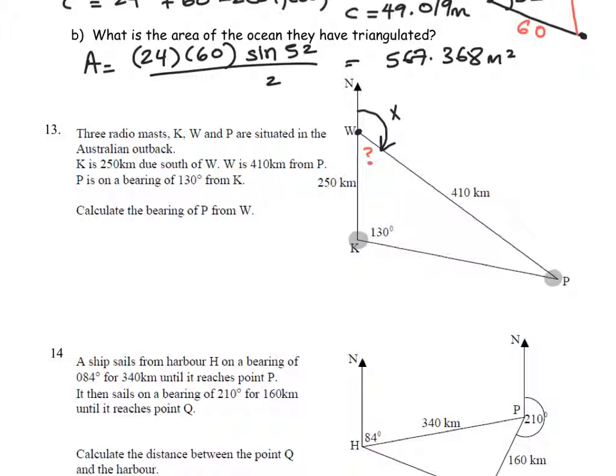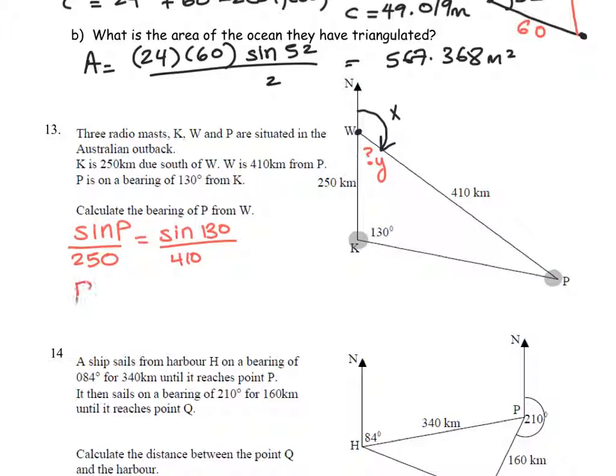So sine of P divided by 250 is equal to sine of 130 divided by 410. So the idea is to find P, and once I find P, I will know this angle, which is, let's call it Y, because these three angles will add up to give you 180.